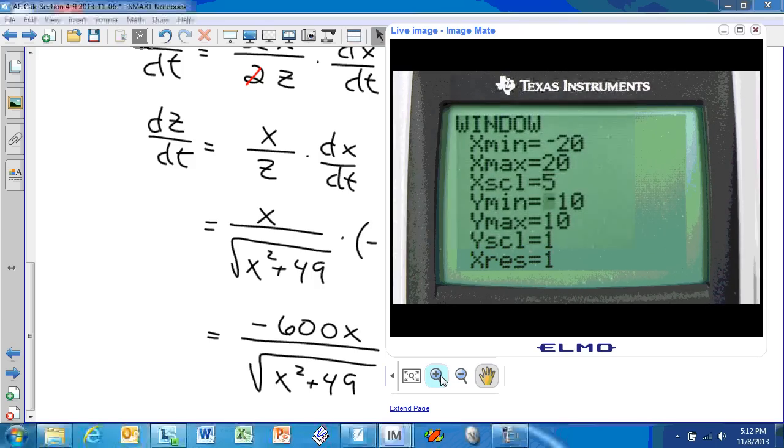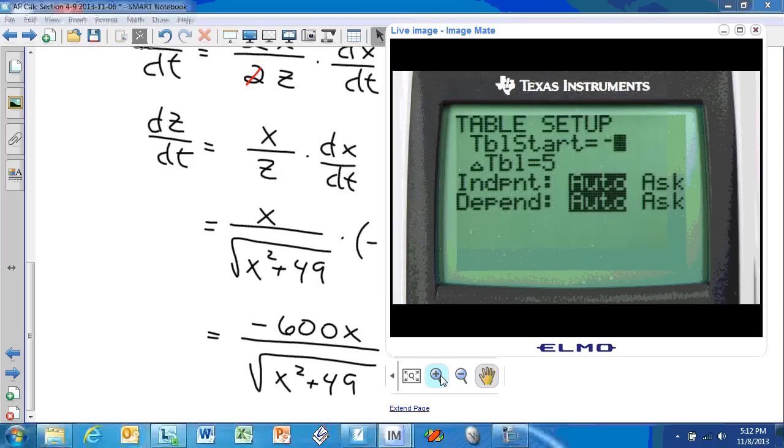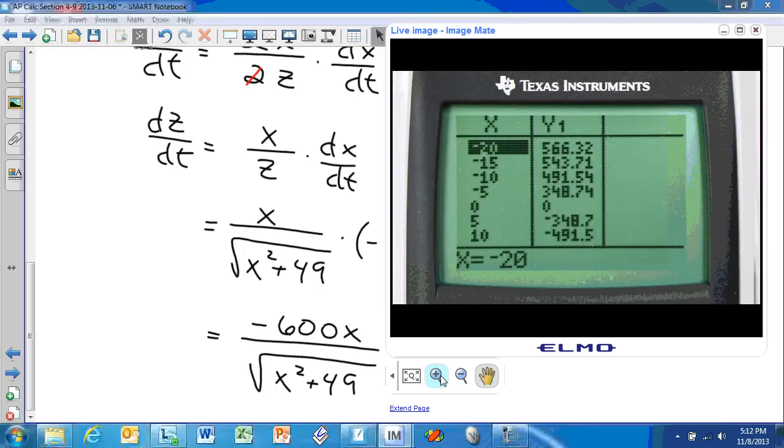And for the y values, I'm not totally sure what we need. So I'm going to go to my table, and I'm going to start it at negative 20, and leave it changing by 5. And if we look at what y values we had, 566, and then it starts decreasing, and it really decreases over that last little bit towards 0. And then it increases, well, it's the same y values except they're negative.